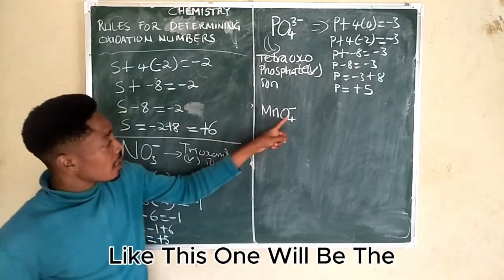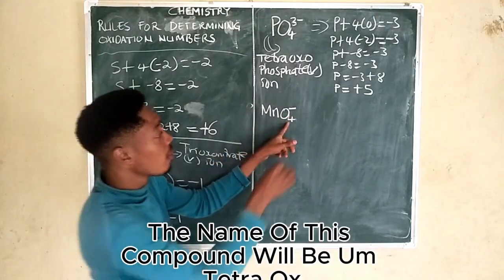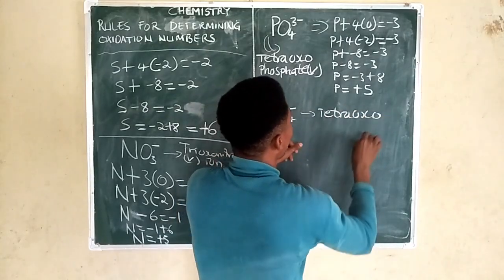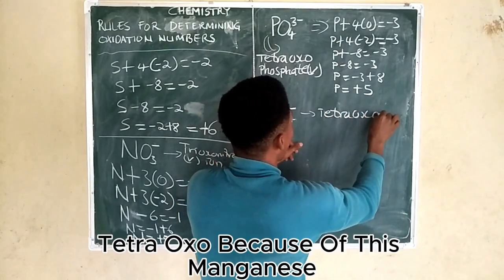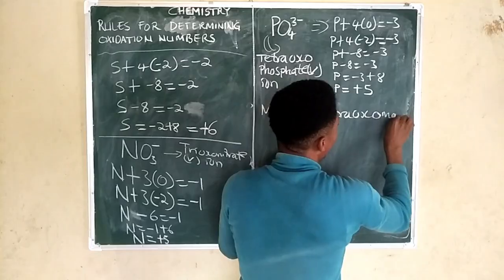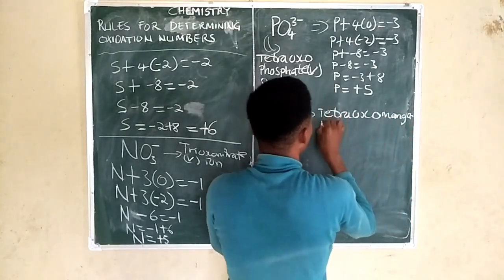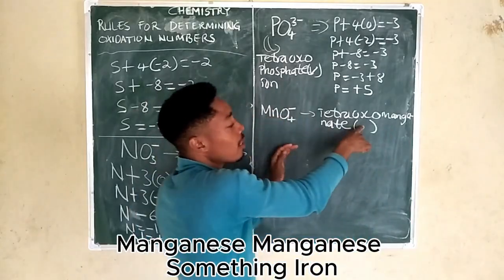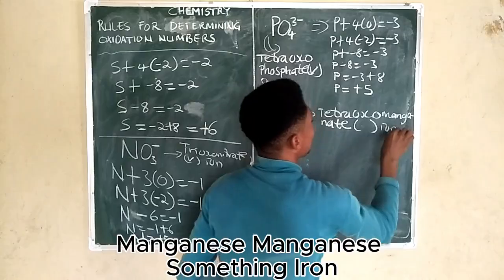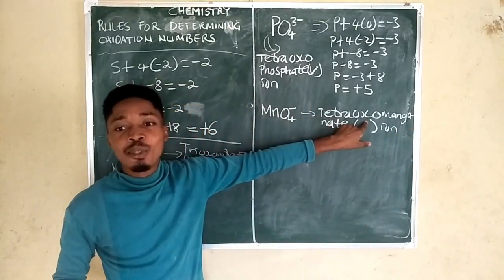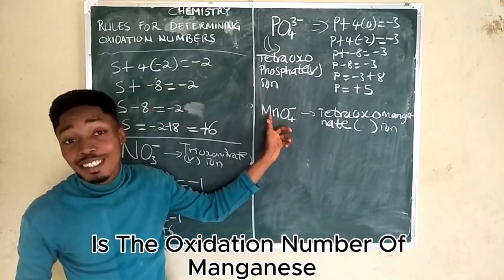Like this one, the name of this compound will be tetraoxo, because of this manganese, tetraoxomanganate something ion. So what will be the value here? That value is the oxidation number of manganese.